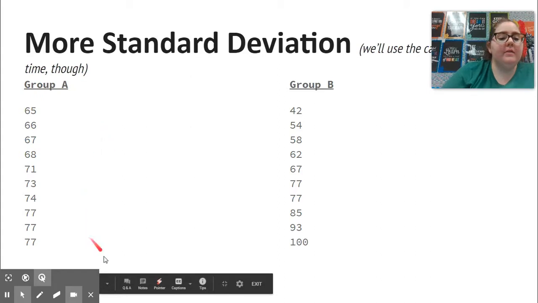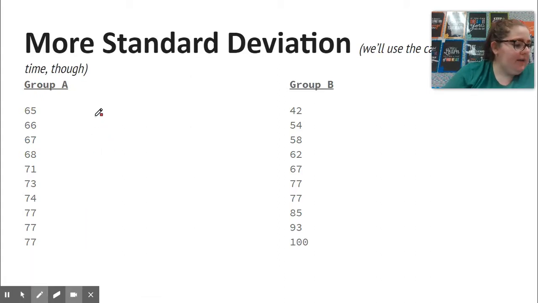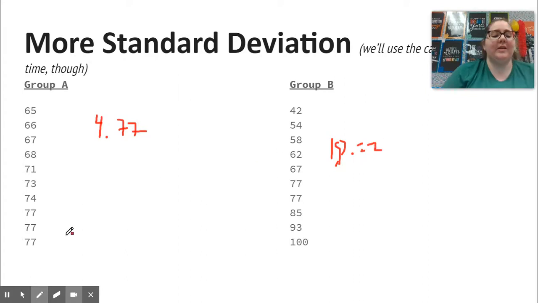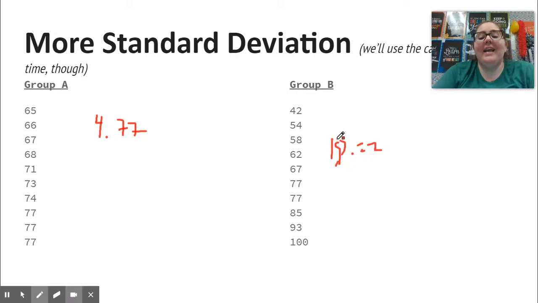Okay, so the standard deviation for group A is 4.77. And then the standard deviation of test grades for group B is 18. Oops, that was a weird 8, but it's 18.22. It's really hard to write with this, with the trackpad. So we can definitely see that's 18.22 versus 4.77.